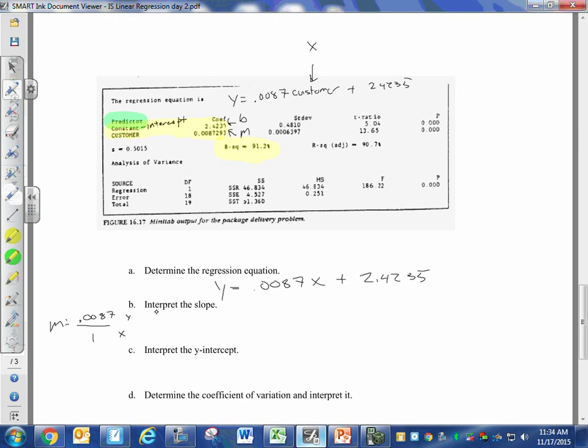So y is our sales, x is our customers. We'd say for every 1 increase in our customers, sales increase by 0.0087 thousand. What's 0.0087 thousand? That'd be $8.7.